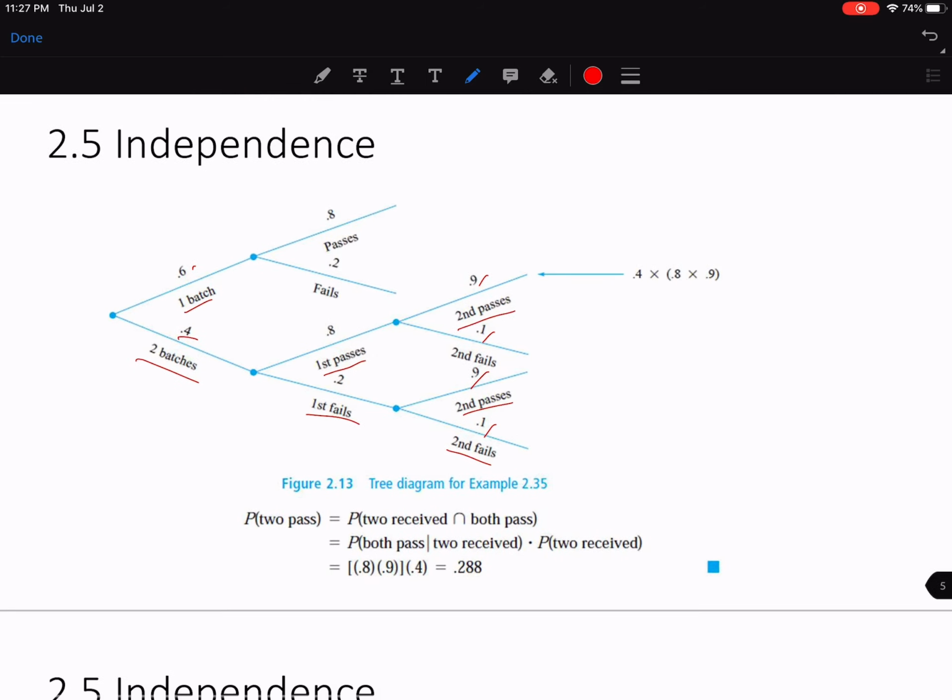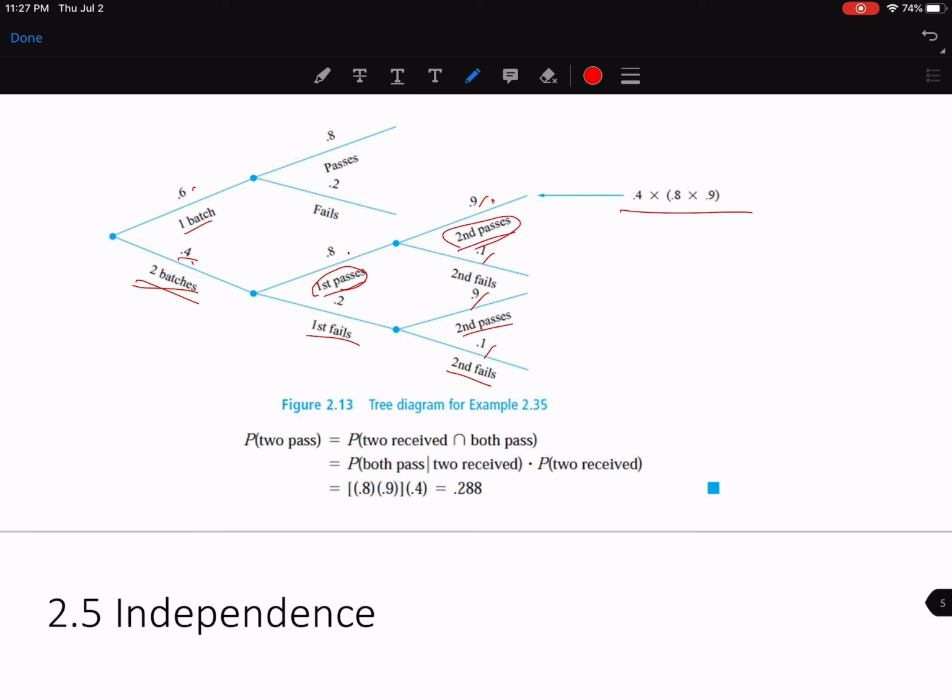Now, which situation are we looking for? It is this one over here. First of all, we want 2 batches received, and we want both of them to pass. We know they're independent, so this probability would be equal to 0.4 times 0.8 times 0.9.